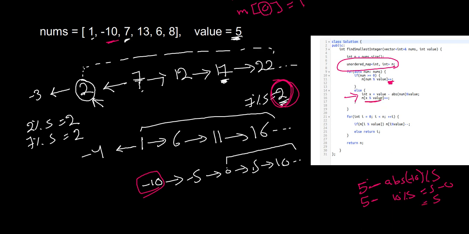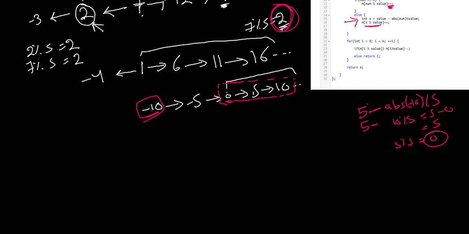And here again we do mod, so 5 mod 5 equals 0. So at the end, for a minus value, the mod we want is 0, because minus 10 plus 5 is minus 5, plus 5 is 0. So at the end we reach these positive values that have mod equal 0.